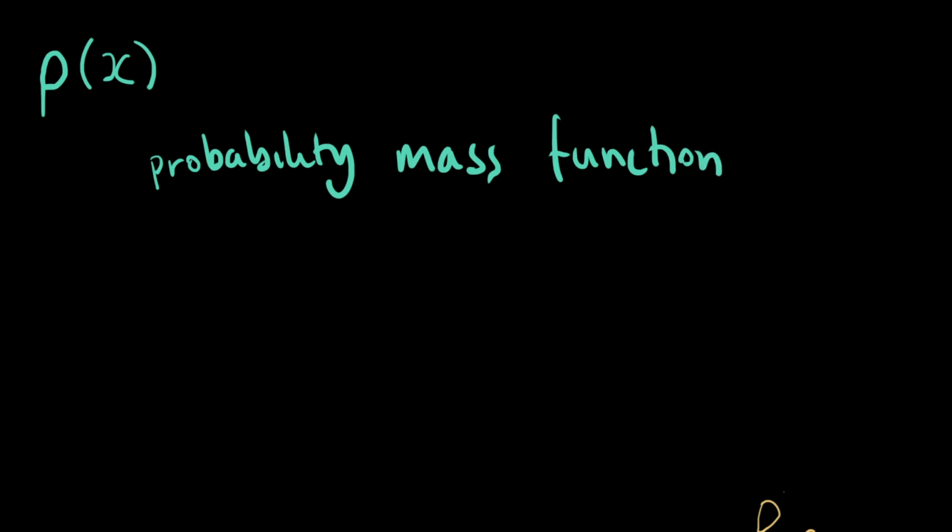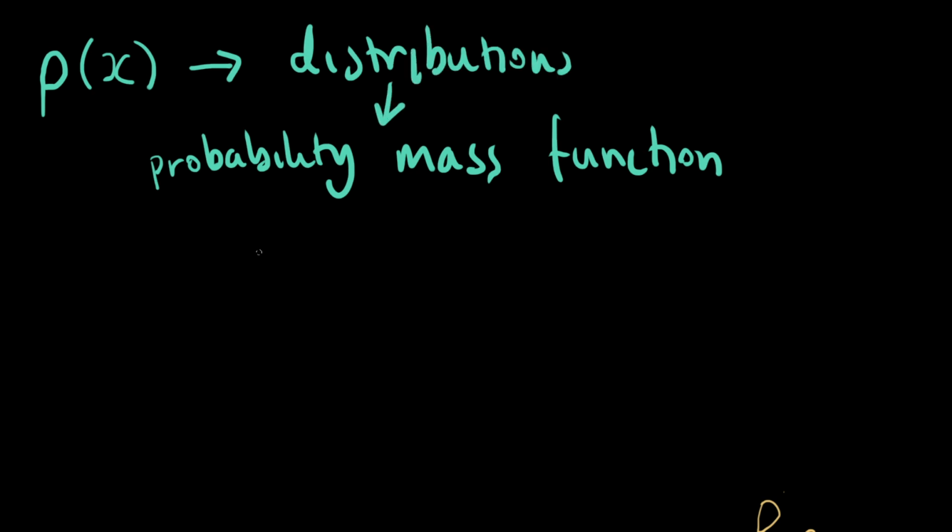So our hand distributions are in fact probability mass functions, and that means we can use probability theory to analyze our opponent's hand.